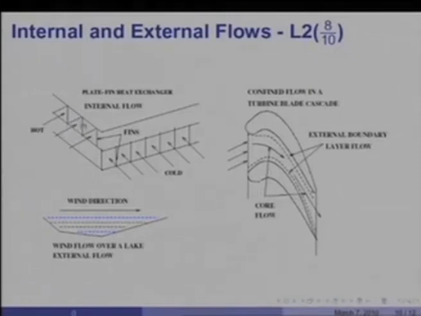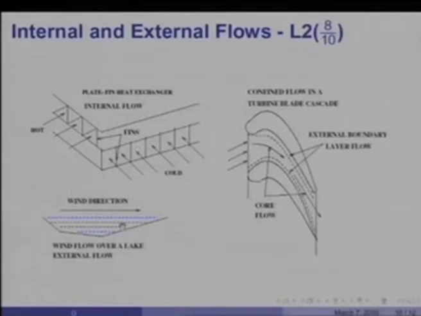The plates are separated by means of fins, which form triangular cross sections here, whereas here they are square cross sections. I show this because normally our understanding of a duct is that it is a circular tube, as it would occur in a shell and tube heat exchanger. But you can get ducts of a variety of shapes, triangular or square or rectangular or elliptical and so forth. Such flows are called internal flows because they are bounded on all sides by a solid wall.